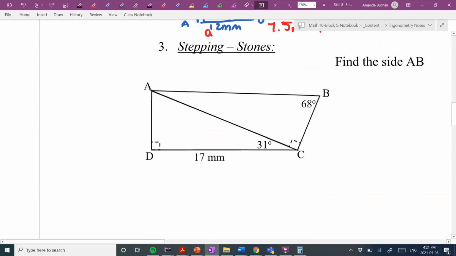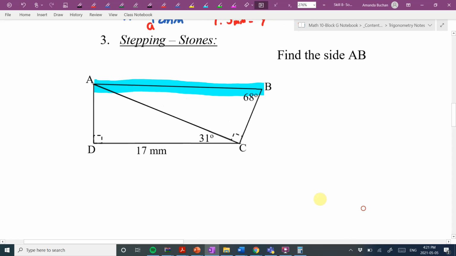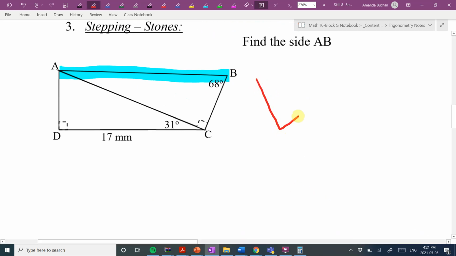So here, what it's asking me for is side AB. Now the nice thing here is that if I draw out triangle ABC, I do have a right triangle. Which is very exciting because that means that I can use trigonometry on this triangle.